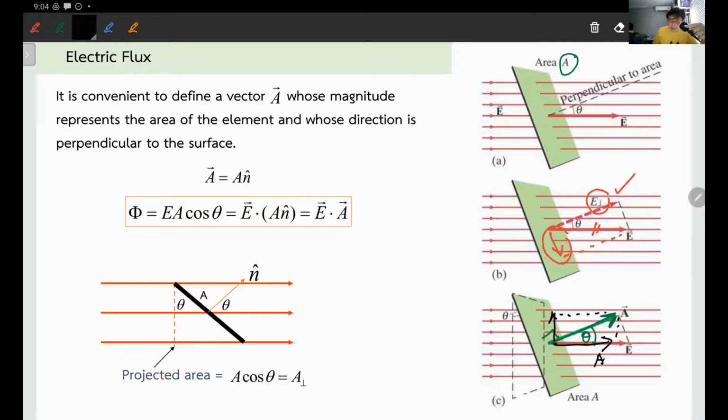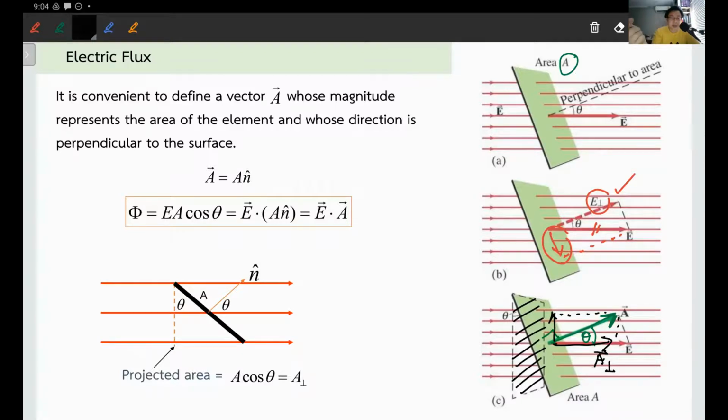Why? Because this is the vector representing the actual component of the surface that is perpendicular to the E. It is the shadow. So figure B and figure C will end up with the same amount of electric flux.